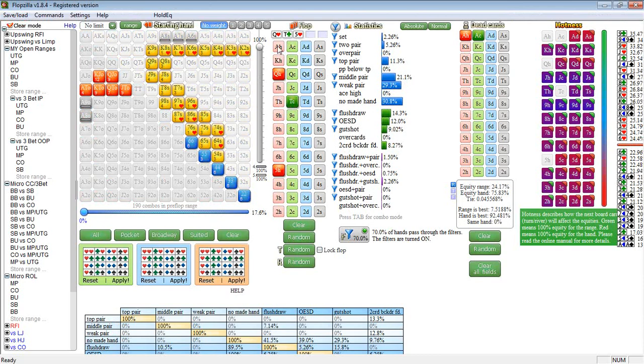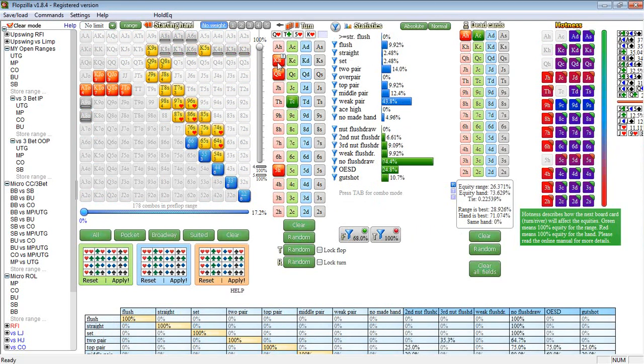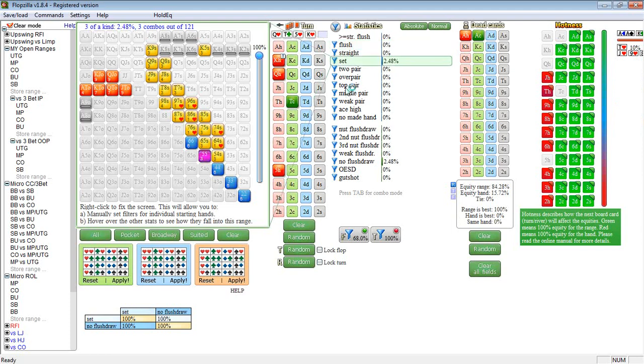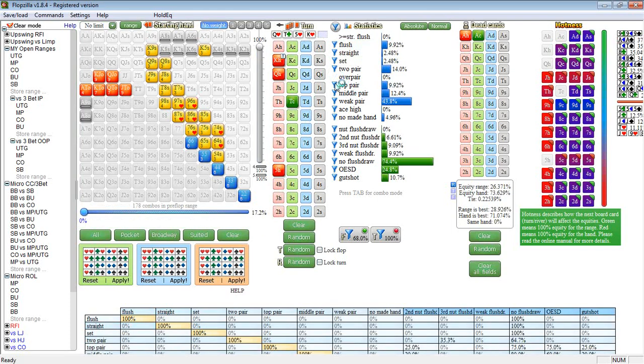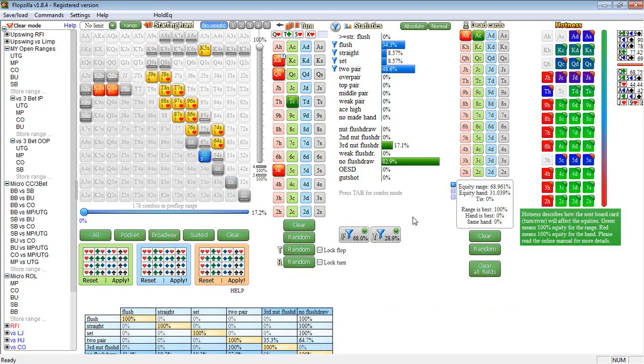That King of Hearts comes out. And he goes check. I just want to use a scenario where I bet and he raises. And he's raising, so we can put him on 2 pair or better. So look at that. 2 pair or better, we still have 31% equity.